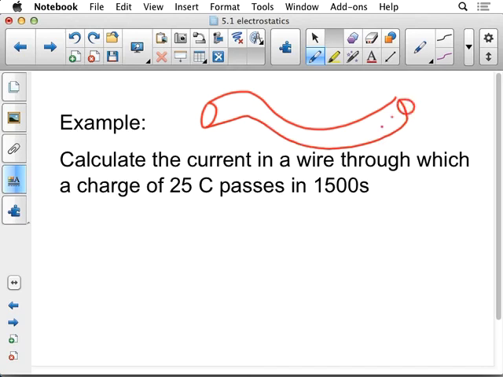Again, all of these charges, but 25 coulombs of charge leave the wire during a time period of 1500 seconds. So how much is the current? Practice by writing the formula down every single time so you can get it stuck into your head.